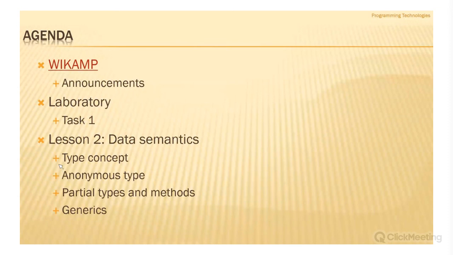For us, an important thing is type definition. So assume that you know what the type concept is and what a type is. Maybe I ask one more question. What is a type?